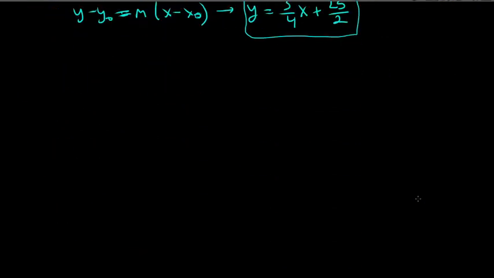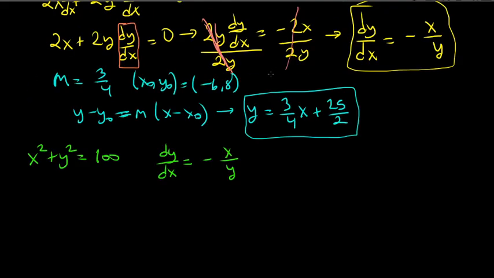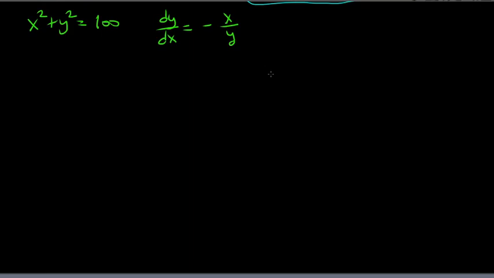Okay, so I'm going to do this a slightly different way now. Originally we had x squared plus y squared equals 100. And we found that the derivative of y with respect to x was negative x divided by y. And we did that implicitly here. It turns out, though, there's another way to do this.